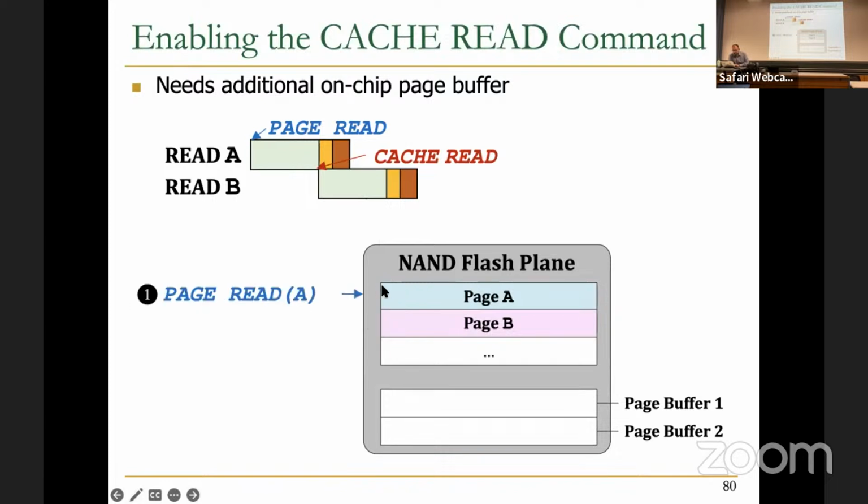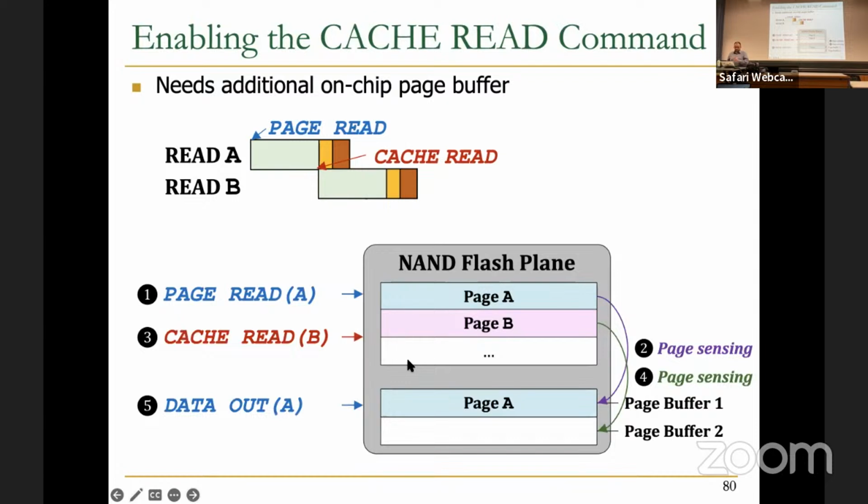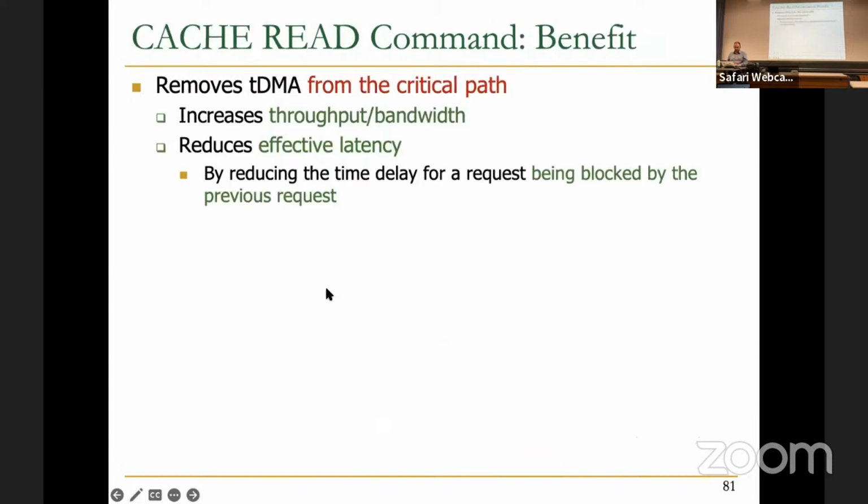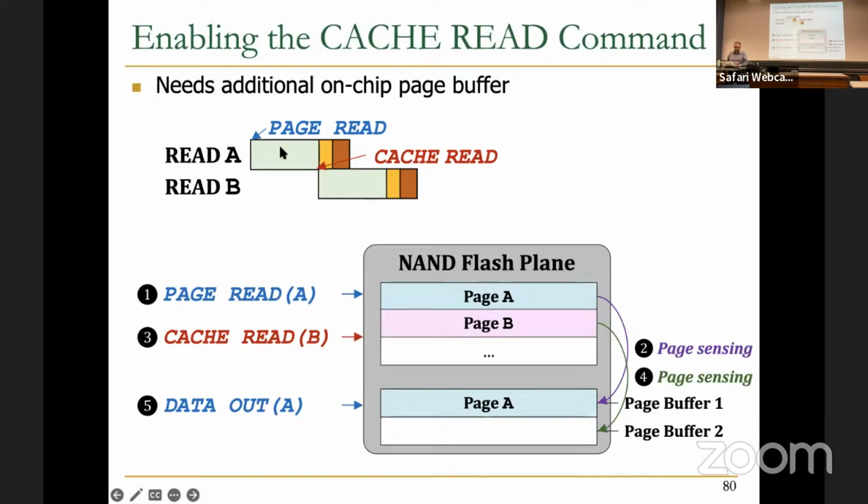While you are doing the read of page A, you do sensing and then move page A to the page buffer. Then together with data out of page A, which is TDMA, you can also start reading page B. You start sensing of page B. And with that, you can overlap sensing of page B with the TDMA and the ECC of the previous page.